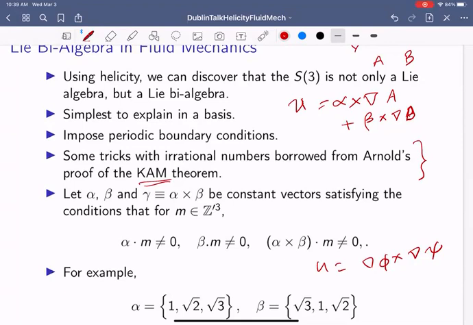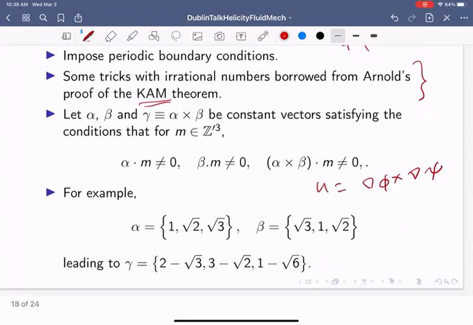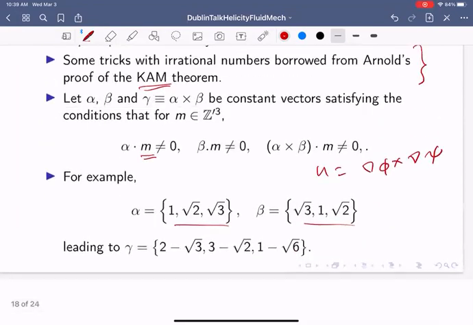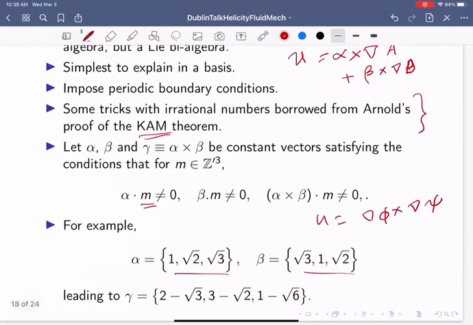I have some ideas on how to generalize this to other manifolds than the torus, but today I will only talk about the torus. So for example, I may choose this pair of vector fields. These are indeed irrational, and therefore there are no integers such that a linear combination of these components with integer coefficients can be 0. And gamma, by the way, is the cross product of alpha and beta.